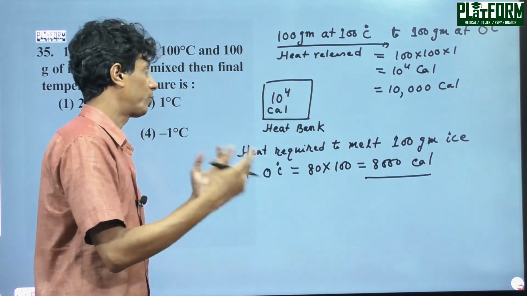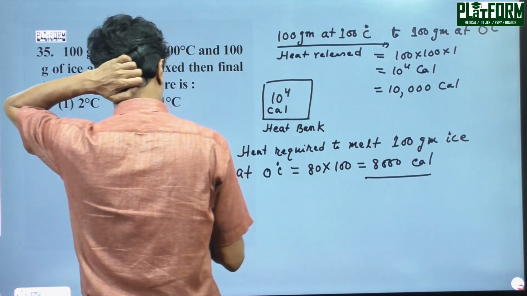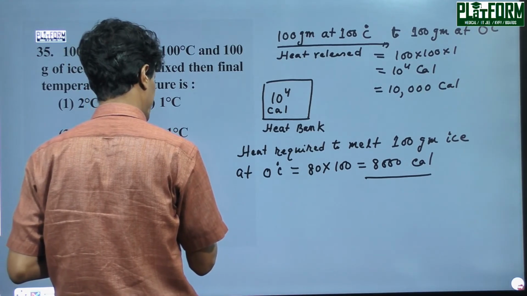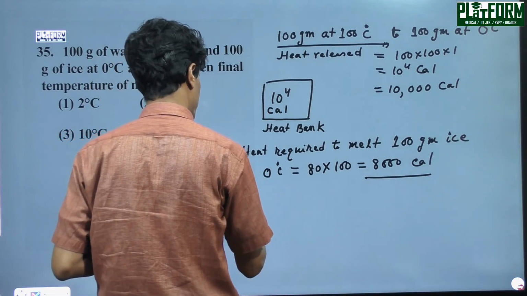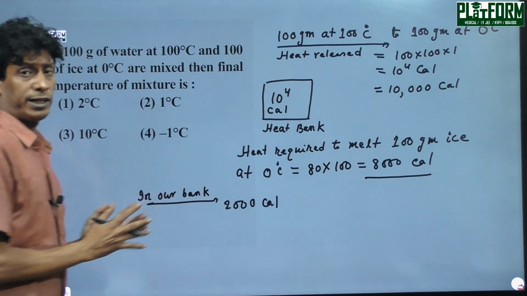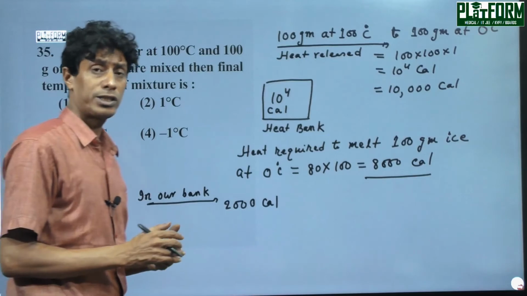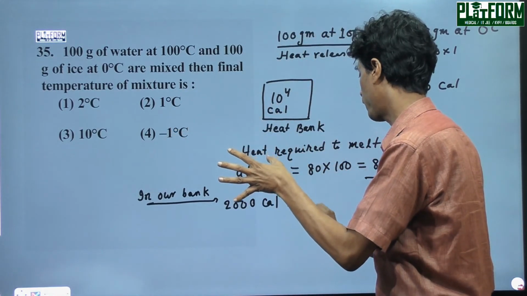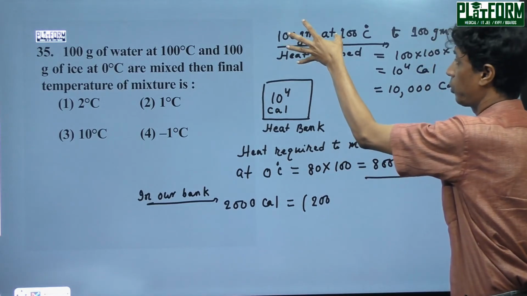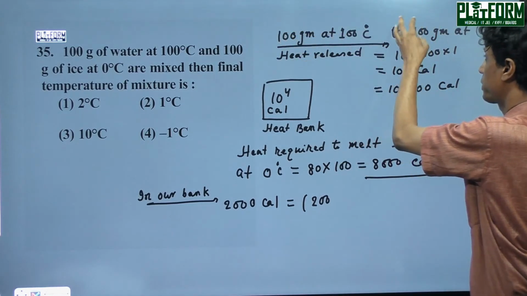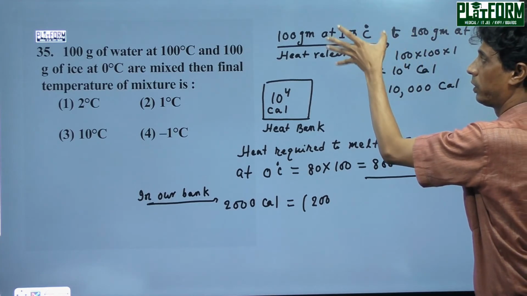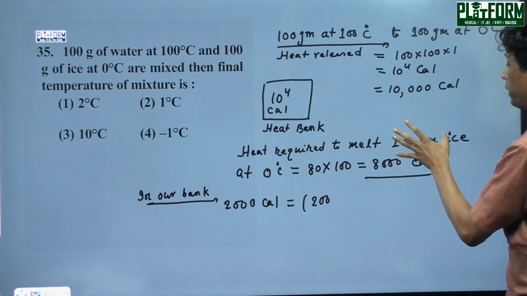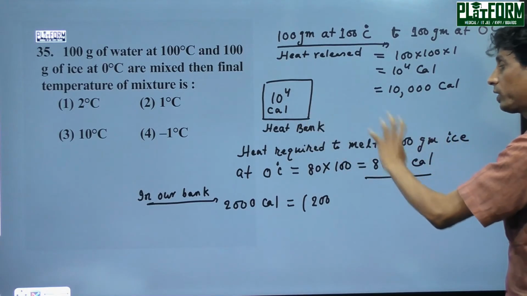80 cal is the latent heat of ice. So 2000 calorie heat is still in our hand, and this 2000 calorie heat can increase the temperature of 200 gram water, because the 100 gram water at 100 degree centigrade has already converted into 0 degree centigrade, and the ice has melted into 100 gram water.